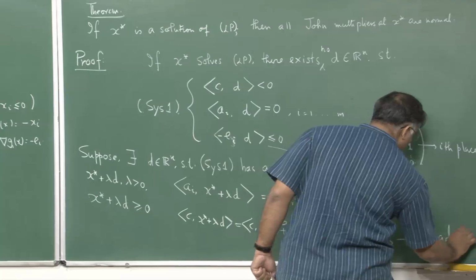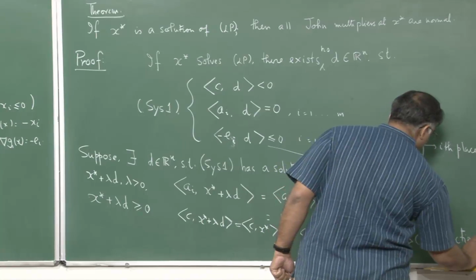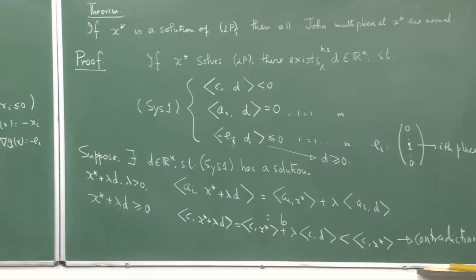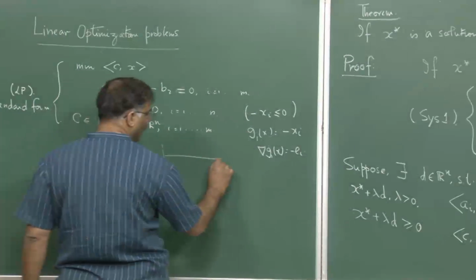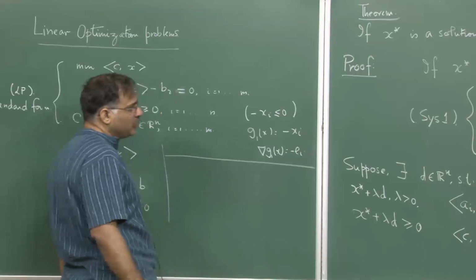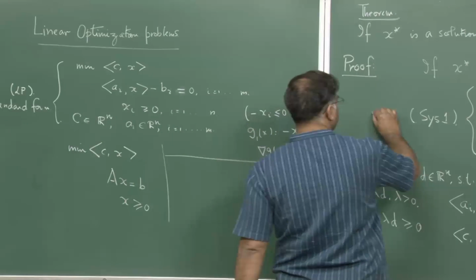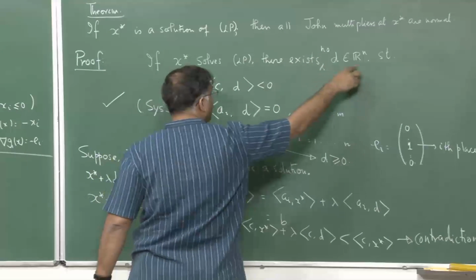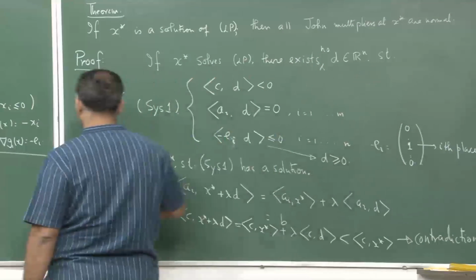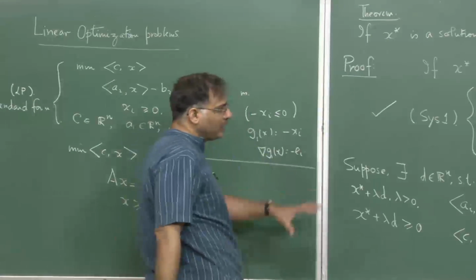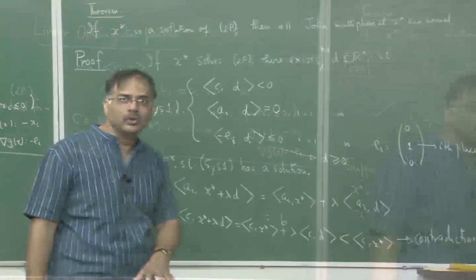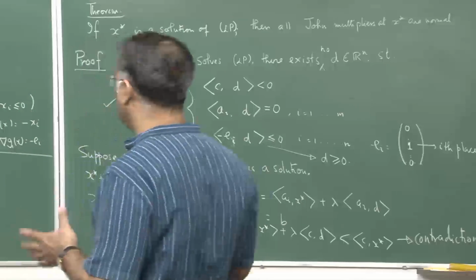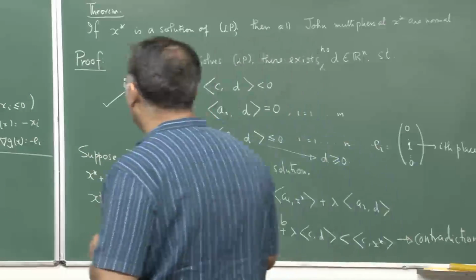So, this is what mathematicians call proof by contradiction, one of the finest tools the mathematicians have. Now, once you have got this fact, so this fact is correct, that if x star solves LP, there exists no d in Rn such that this holds. So, this system does not have a solution, and this system looks like the first system in Motzkin's theorem of alternative.